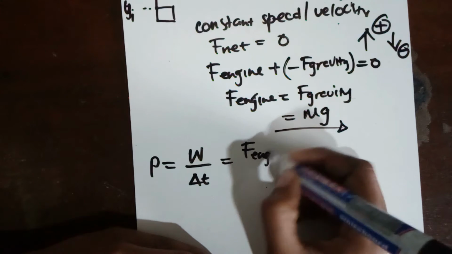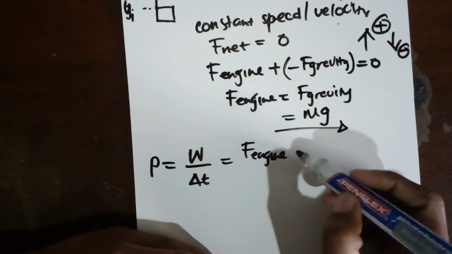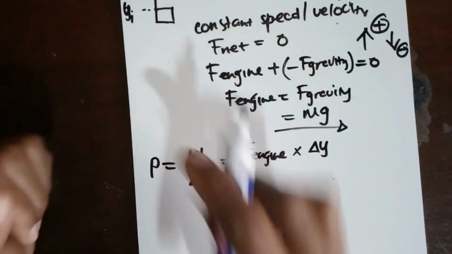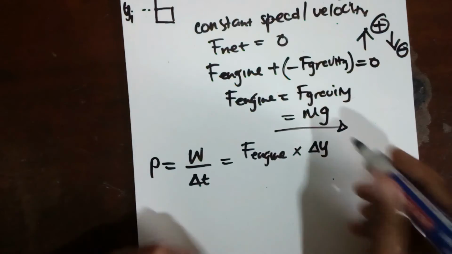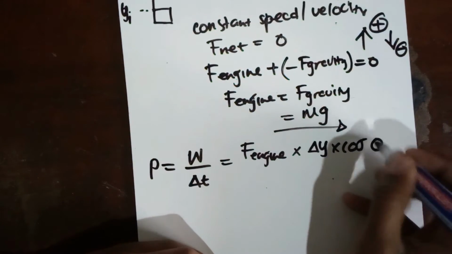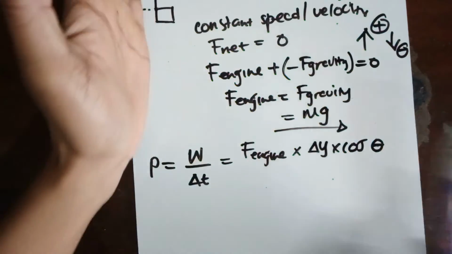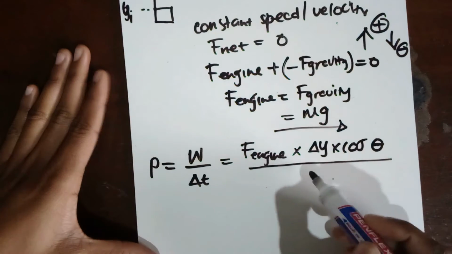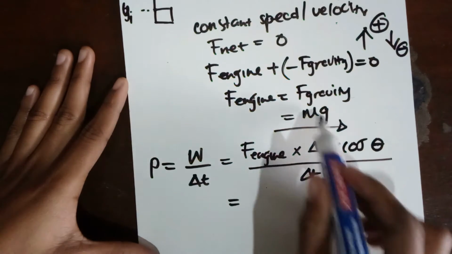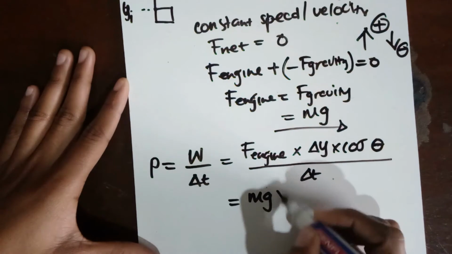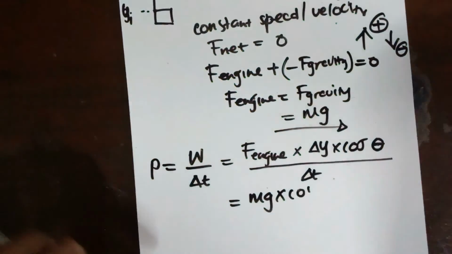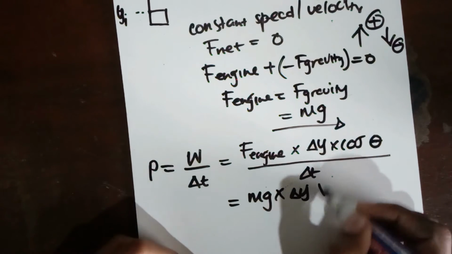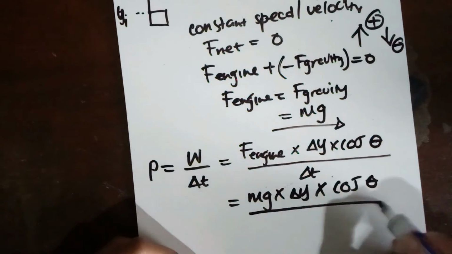So the force that is doing work there is the engine, multiplied by the change in y, because it's moving up, it's not moving horizontally, multiplied by the cosine of theta, where theta is the angle between the motion as well as the force that is doing work, which is the force of the engine, divided by the change in t. So now we said F engine is mg, multiplied by a change in y, multiplied by the cosine of theta, divided by a change in t.